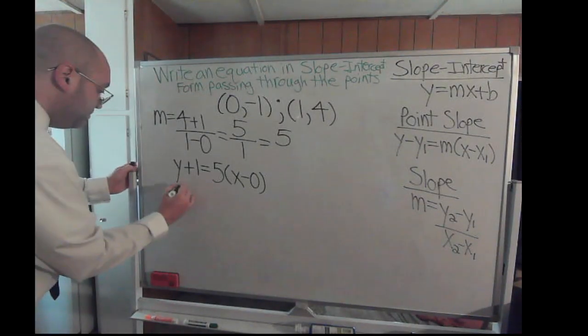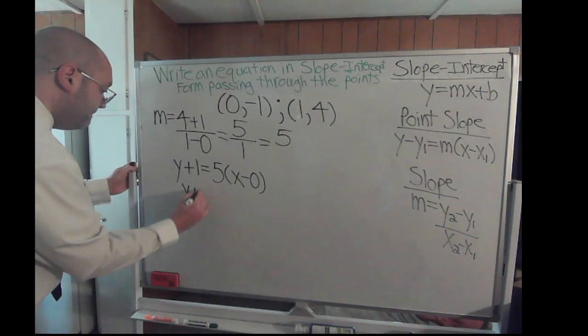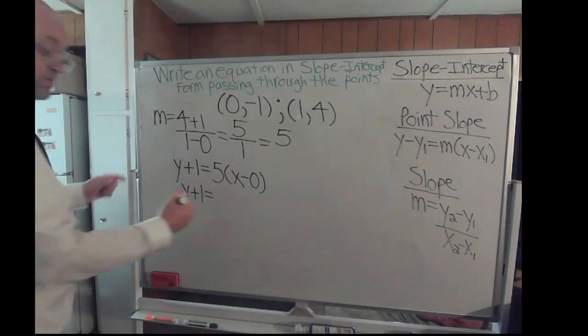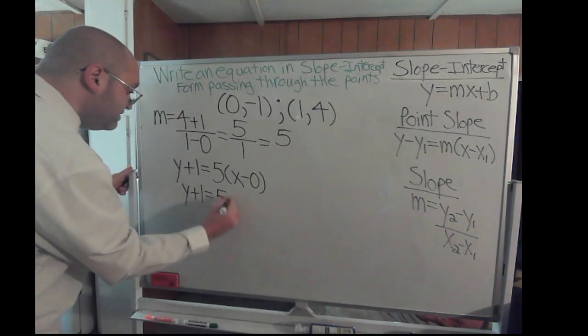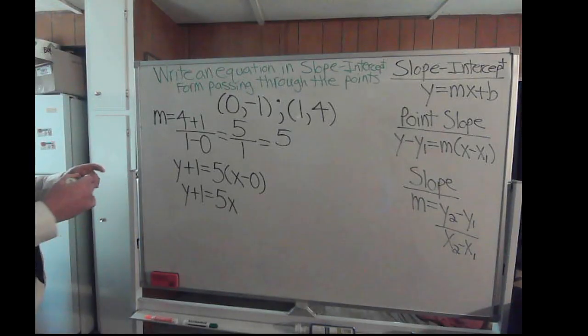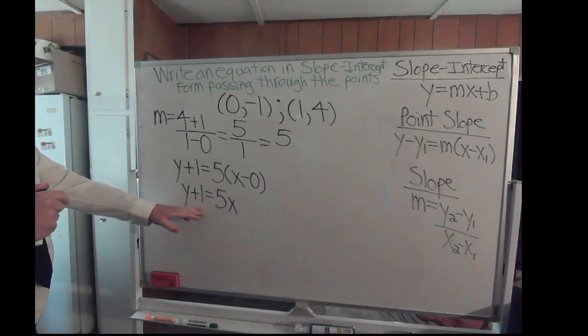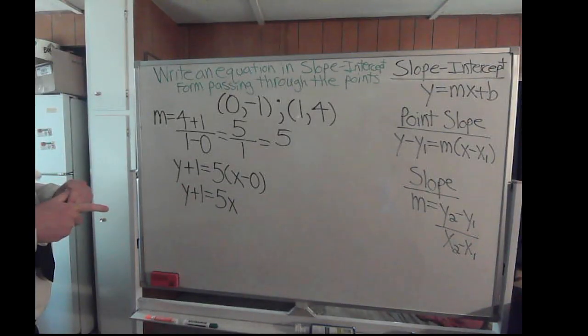Well, keep your y plus 1 for a minute. Now on the right side, x minus 0, that's just x. So you'll have 5 times x, which would be 5x. Y plus 1 equals 5x. We're almost ready to convert this into slope-intercept form. We just have y plus 1. We need to get y by itself. Since we have plus 1, we need to subtract 1.